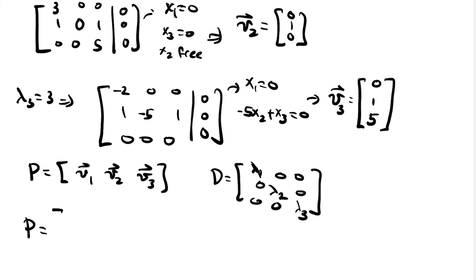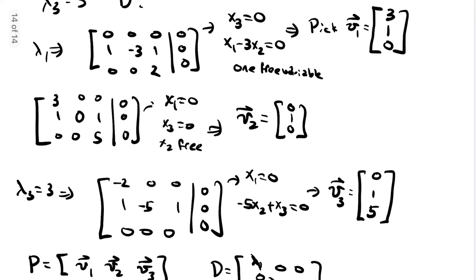P, all written out, is the matrix with rows (3, 0, 0), (1, 1, 1), (0, 0, 5), and D is equal to the diagonal matrix with 1, -2, and 3, zeros everywhere else.